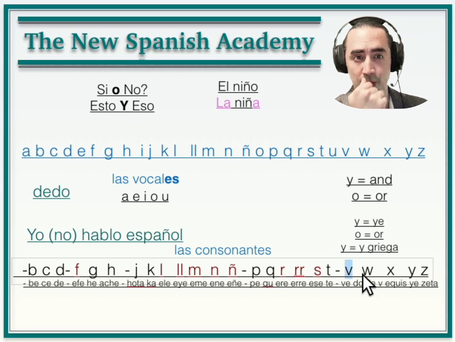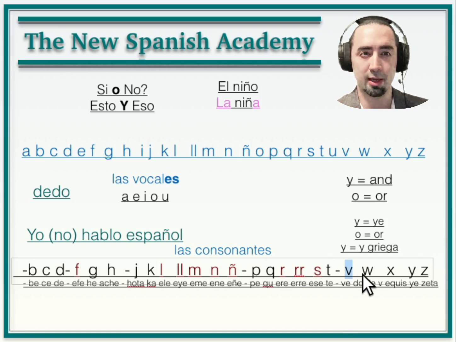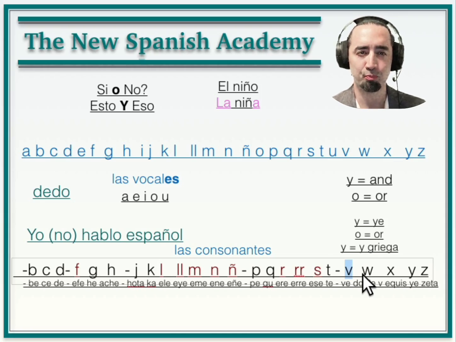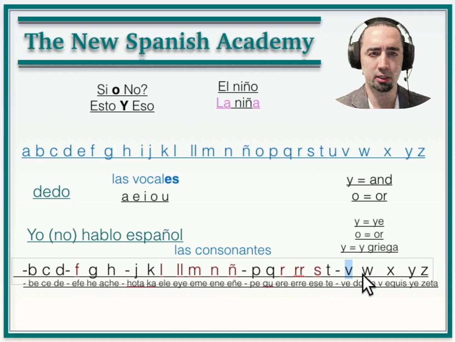Now the letter V in South America and in Spain is pronounced B by most of the people. So it's almost official that the letter V is pronounced B, even though there are people who do it the international way, V. That is why a lot of Spanish natives, when they speak English, say something like, oh, very good, this is very good.